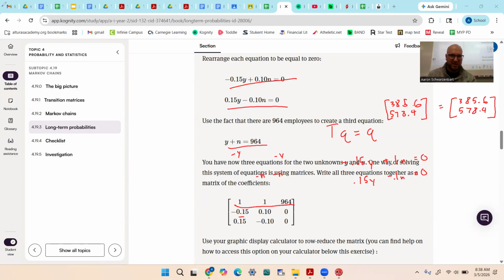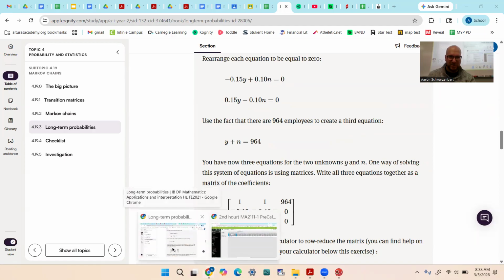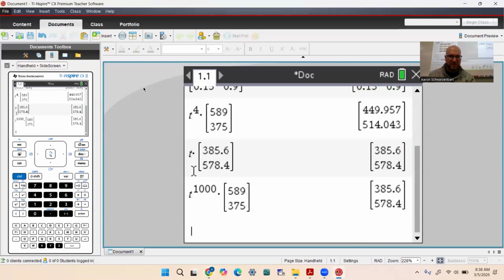So let's take that matrix and enter it into our calculator. None of you guys took pre-calc with me, so you don't know this. Reduced row echelon form on your calculator.